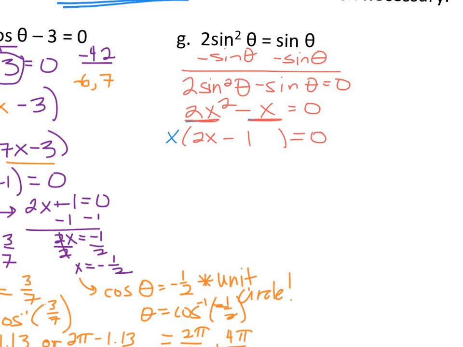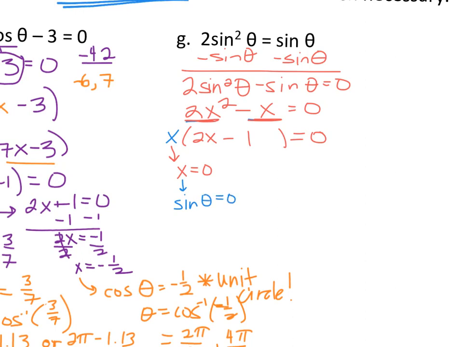We've got that x on the outside, and we have 2x minus 1 on the inside. We have to set both of them equal to 0. For that x on the outside, if we set that equal to 0, it's already by itself. Now what we would do is substitute sine in its place. So instead of saying x equals 0, it's sine theta equals 0.